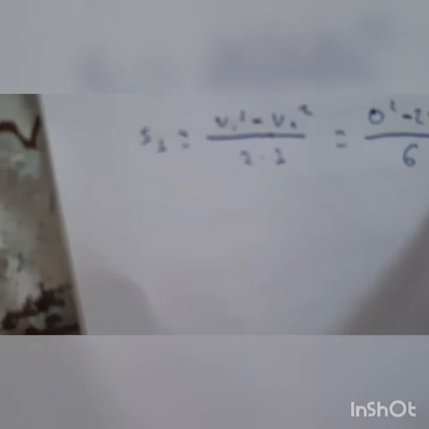Yeah, you know it. 24 squared divided by 6 is 96 meter.